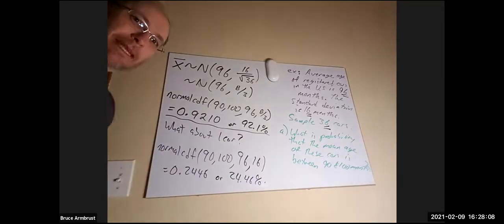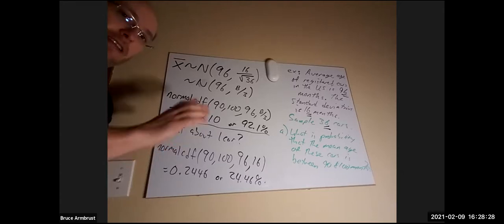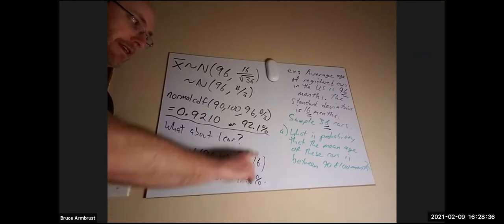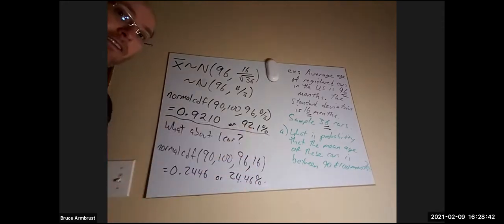Think about what this means. I go out and randomly choose a single car, and I've only got about a 25% chance, a 1 in 4 chance, that its age is between 90 and 100 months. But if instead I go out and look at 36 cars and calculate their average age, it reduces the standard deviation so much that the likelihood that that occurs is now 92%.